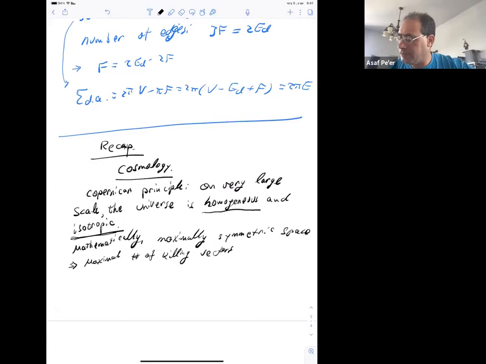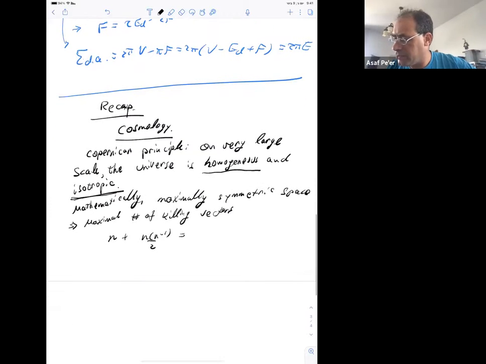There are n for translations, plus n times n minus 1 over 2 for rotations, which is n times n plus 1 over 2.